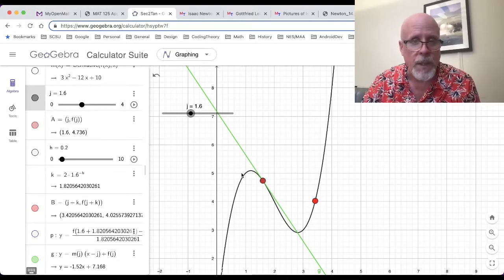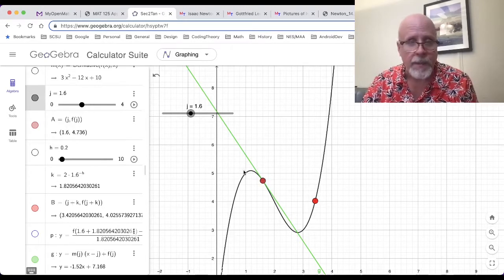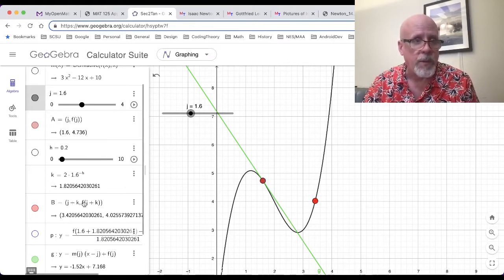B here is a point that is a slight distance away from the original point A in the x direction, and then whatever it needs to be in order to be back on the graph. So you notice how it's j plus k. K is that offset, and f of j plus k makes sure that we're on the graph.